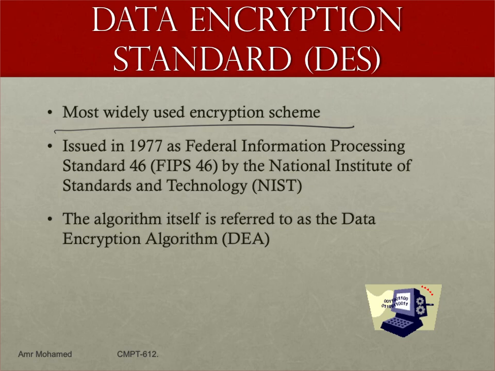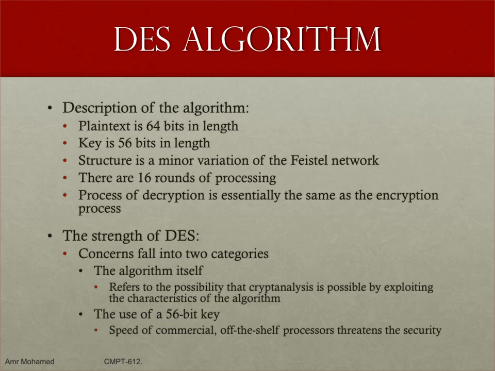Okay, so DES was issued in 1977. Of course, many of you were not even born during that time, as part of FIPS 46, right? The algorithm itself is referred to as the Data Encryption Algorithm, DEA. This algorithm uses a fixed block size and a fixed key size. The block size is 64 and the key size is 56.